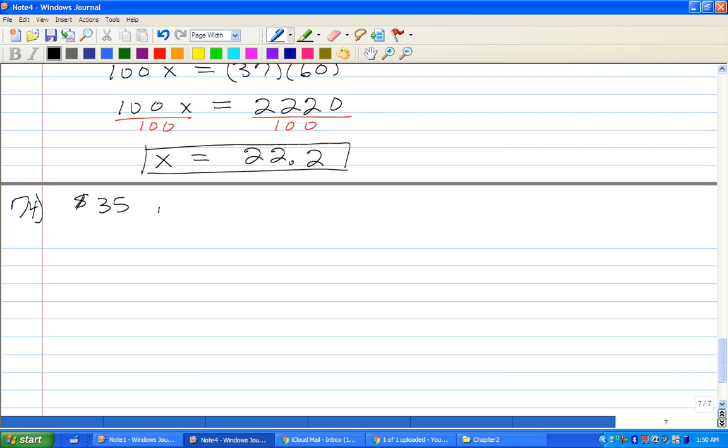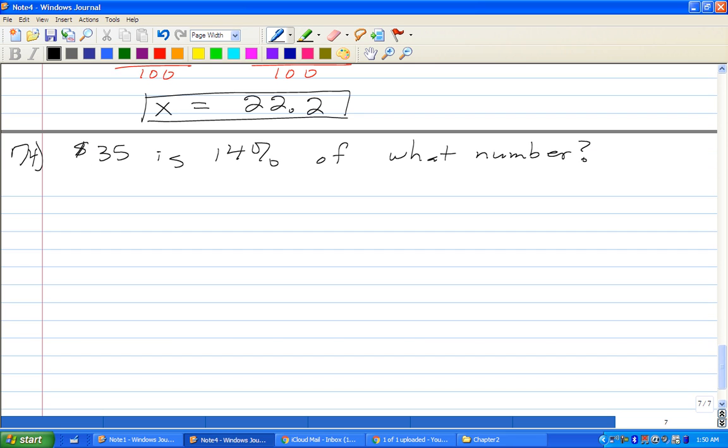$35 is 14% of what number? Okay. And so I have 14%, that $35 is 14% of what number?